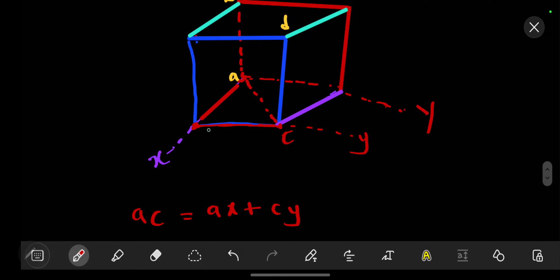So already, from here up to here, this one we are going to call our L. Now L, from here up to here, it is the X component, so it is going to be named as I. Then from there, we are going to move from this point to point C. This one will be your LJ, like that.